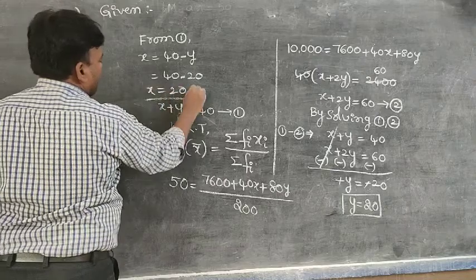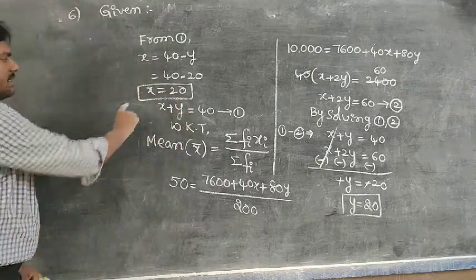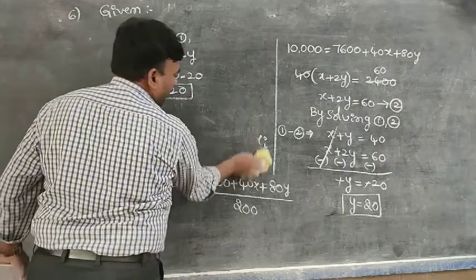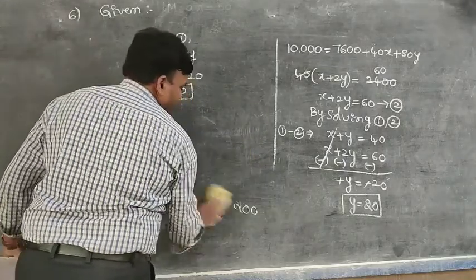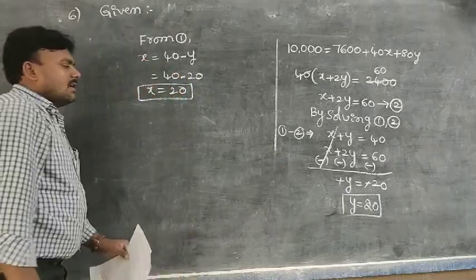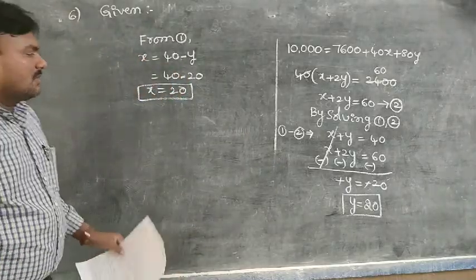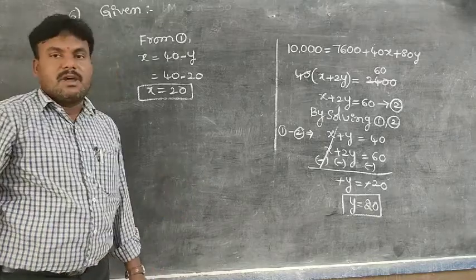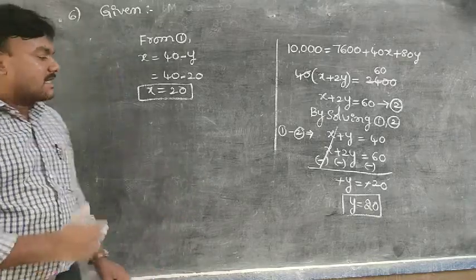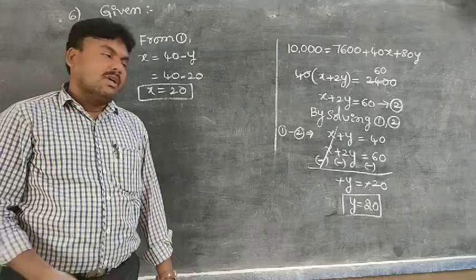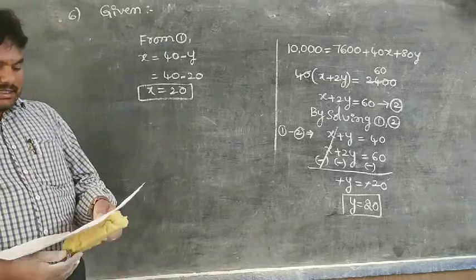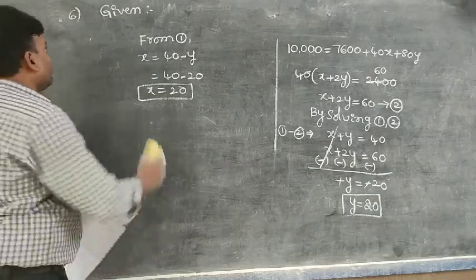So finally we get the x and y values, students. x equal to 20 and y also 20. This is the process for finding x and y values easily. Whatever may be given, x and y replaced by f1 and f2, this is the way of process. Next, 7th problem.